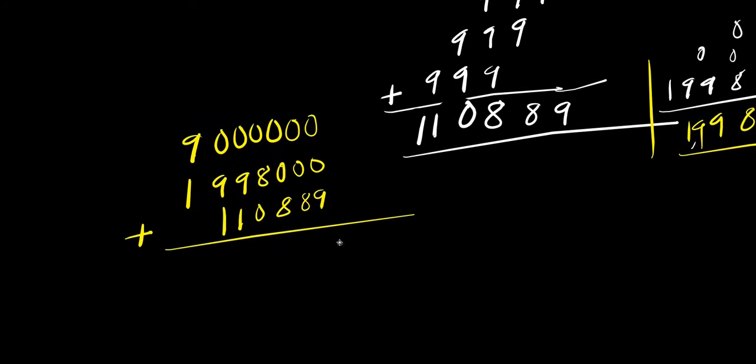So you add this together, you have 9, you have 8, you have 8, you have 8. This is 10. You have 0 and carry over 1, add here. 11, 1 carry over 1, add here. So this becomes 10. 10 plus 1, 11.